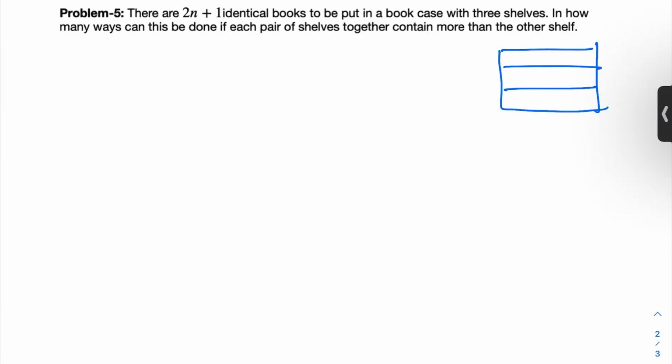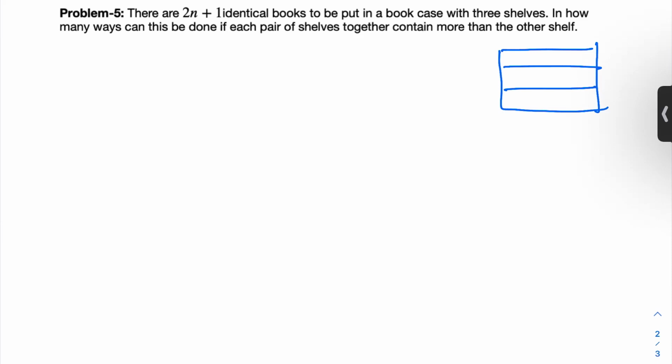So we don't ask which books are going to shelf 1. All books are identical, right? So there is no meaning in that. We can only be interested in how many books we are putting in shelf 1. That's all that is going to matter because all books are identical.